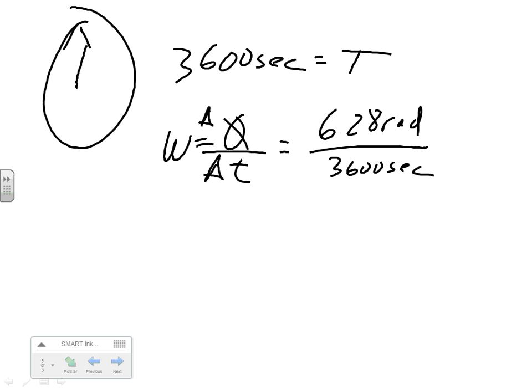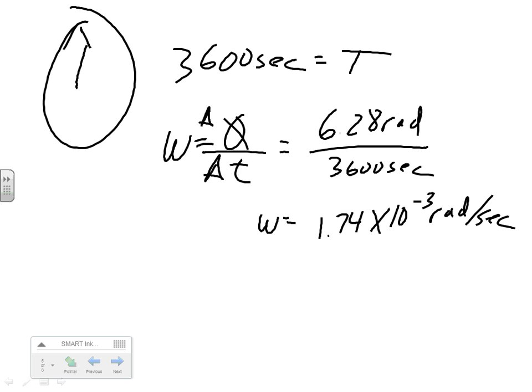So if we do the math on that, 6.28 divided by 3,600, we end up with the proper number of significant digits here, which is 3, of 1.74 times 10 to the minus 3 radians per second. That is our angular velocity, or omega.